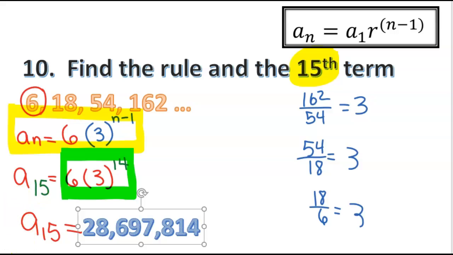To find the 15th term, does everyone understand why I put the 14 here? 15 minus 1 is 14. This is what you put in your calculator, and this great big huge number would be the 15th term, because when I'm multiplying 3 over and over and over again, the numbers get really, really big.